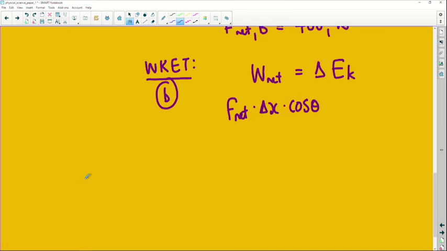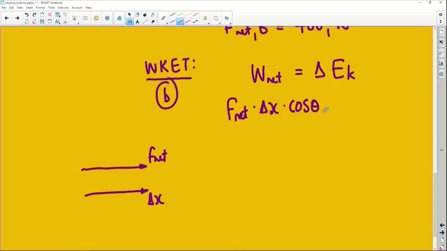So if we think of our block, the block is moving in this way, the bullet is also moving from west to east, and the net force of the bullet pushing on the block is also in that direction. So in this case, F net is in the eastern direction as well as the displacement, or delta x.